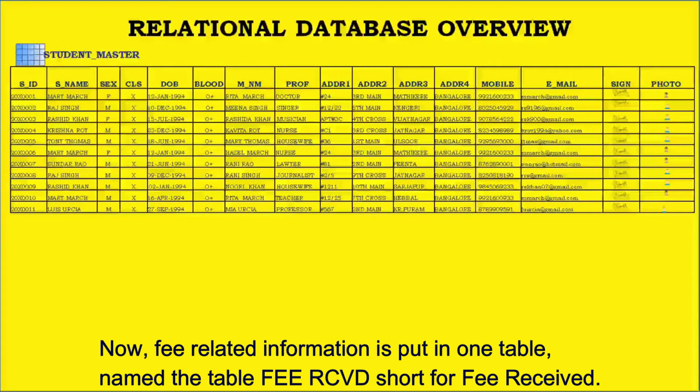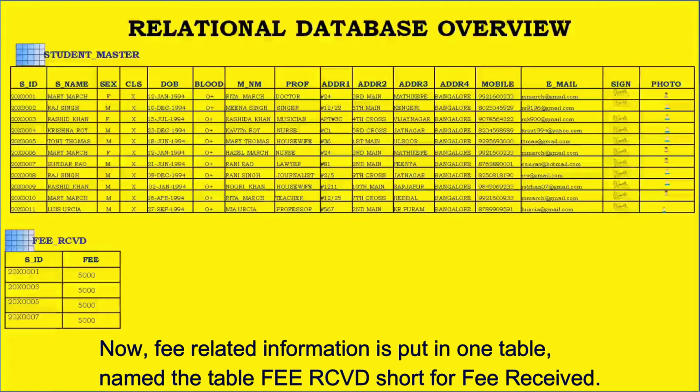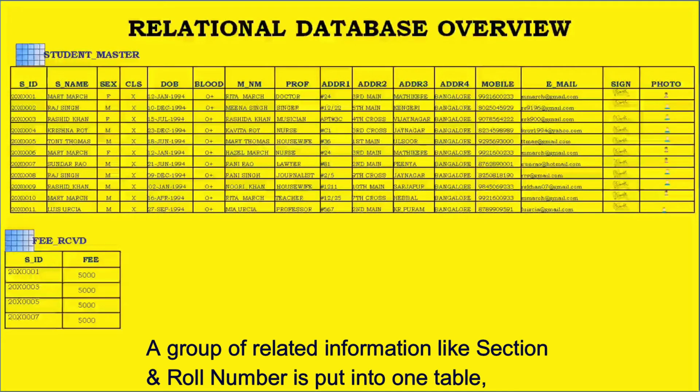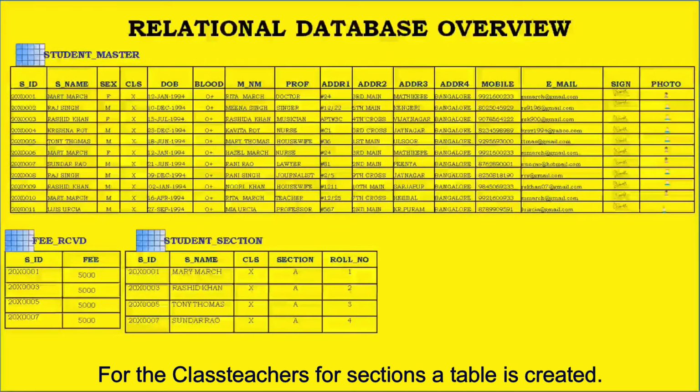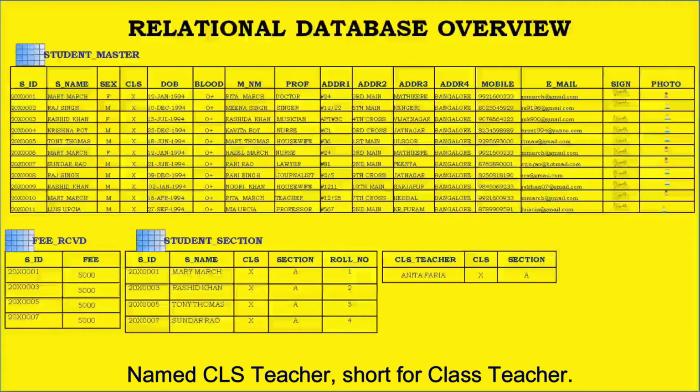Now, fee related information is put in one table. Name the table fee RCVD, short for fee received. A group of related information like section and roll number is put into one table. Name the table student section. For the class teachers for sections, a table is created named CLS teacher, short for class teacher.